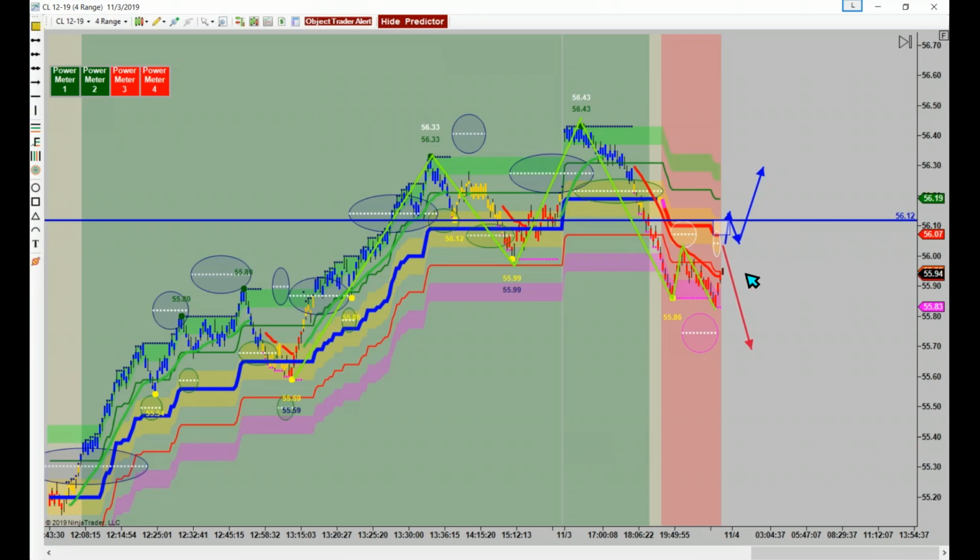Okay, but if it doesn't go ahead and take out these lows, then it could possibly go in your face too, because the overall trend is still to the upside. At least Lightning 4 is, which is this trend here. Now keep in mind that it still broke this trend over here to the left. So technically, it could still be either way.